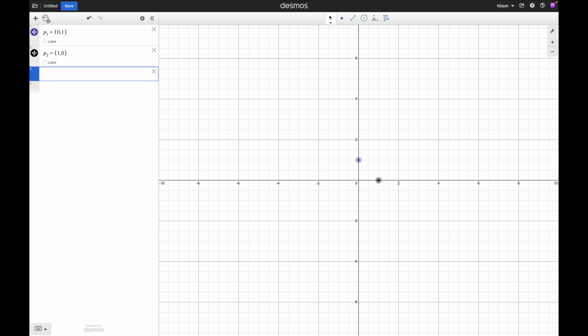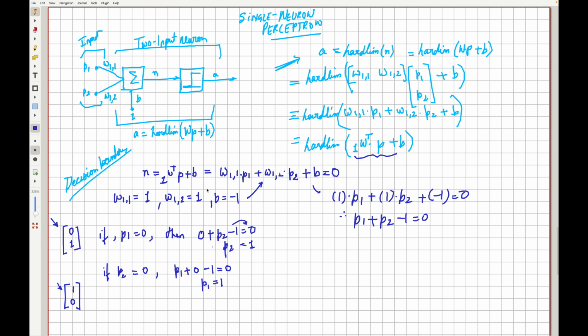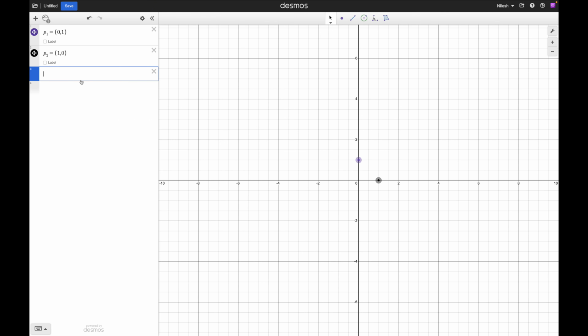Then we have our weight vector, which we said has value 1, 1, so the weight vector is 1, 1, and we can plot that. We can say w is equal to a vector that starts at the origin and goes to 1, 1, and that's our w.